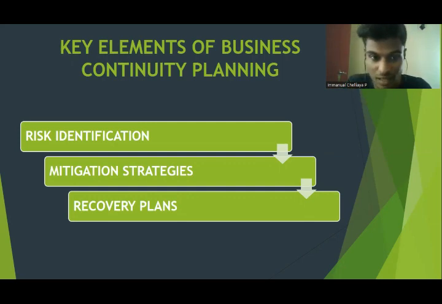The next is mitigation strategies. These are preventive measures that safeguard the organization in order to mitigate any kind of risk and take actions that could prevent it. Next is employee training for disaster response.